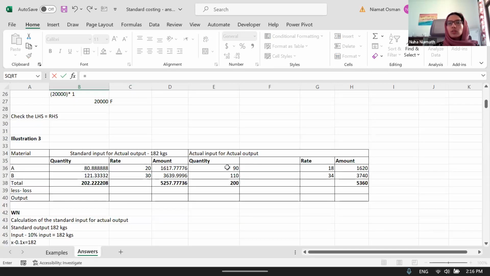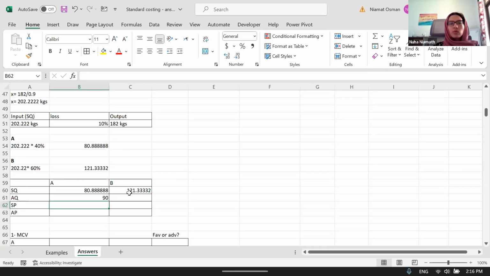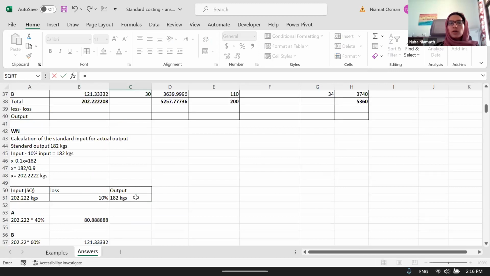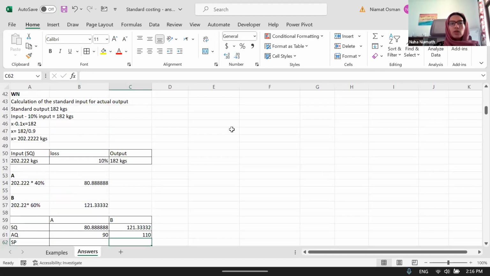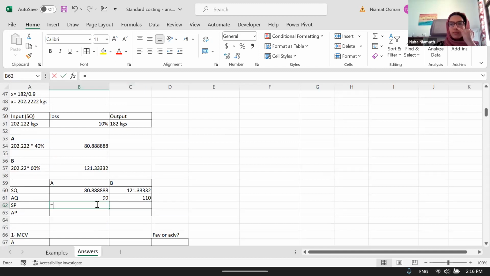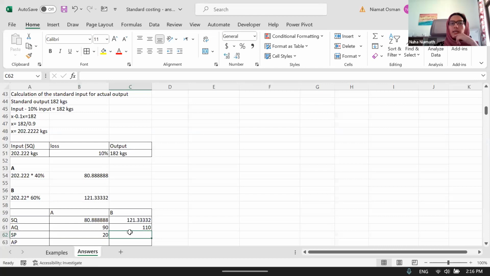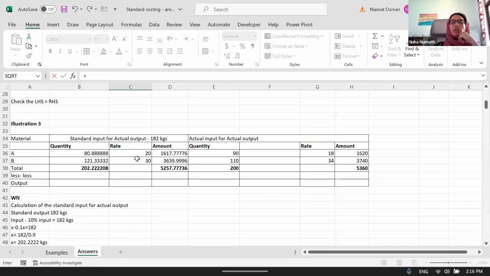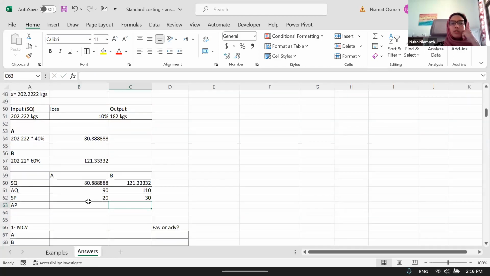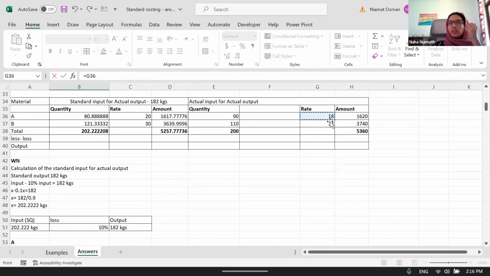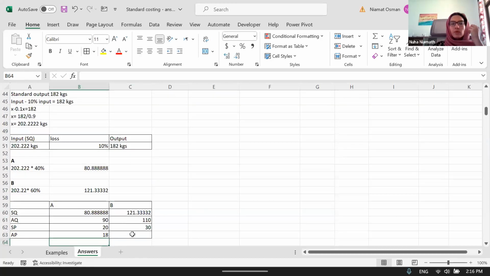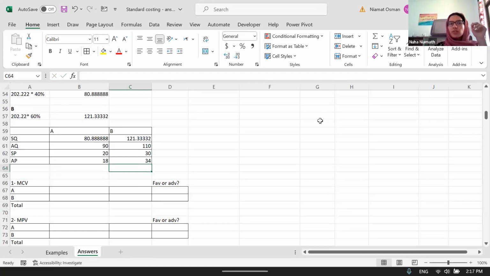AQ for A is 90, for B it is 110. SP is 20 for A and 30 for B. AP is 18 for A and for B it is 24. Okay, this is just so that we can solve our questions now.